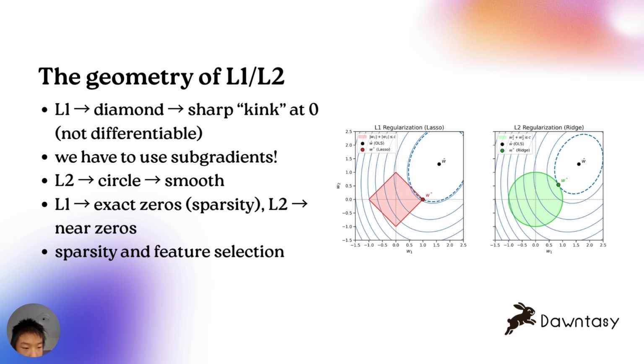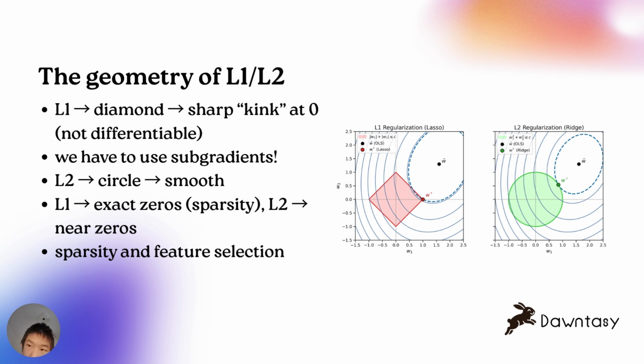What's the difference? Well, if we set weights to exact zeros, that can be situationally a good thing, because if we have a data set of many non-informative features and they're entirely irrelevant, they don't provide any value.